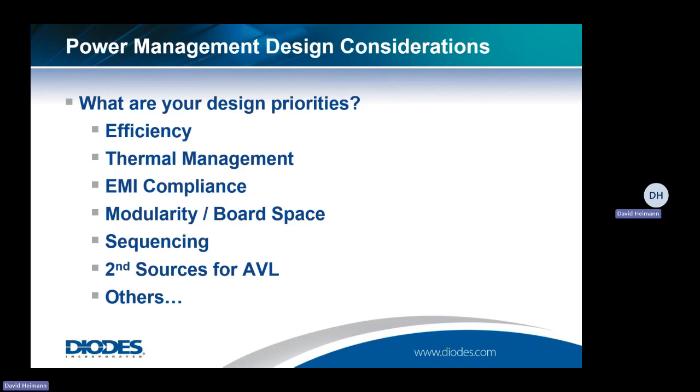And as you're doing this, obviously you're going to have different priorities. Some designs are more keyed on efficiency, especially designs that are battery operated. Thermals are another big consideration. EMI compliance, depending upon what the end product or end market is, can be a big consideration as well.